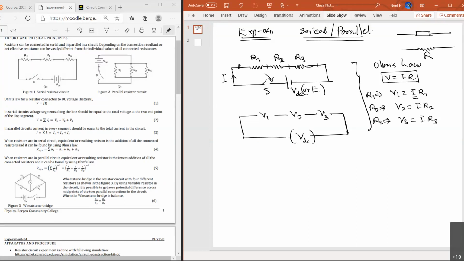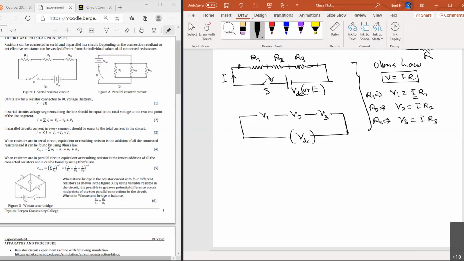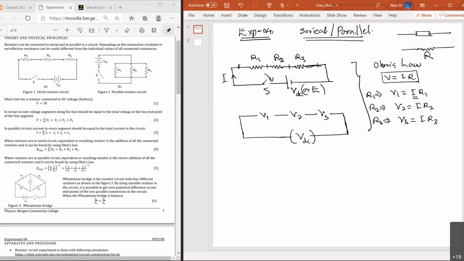Now, if I consider the effective resistance out of all of these three, that resistance we call the resultant or equivalent resistance, right? So that means instead of 3, if I consider I have a larger resistor, that equivalent resistor should technically represent the effect of all of those 3.